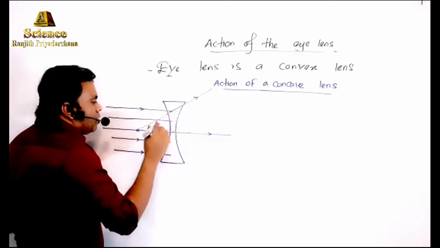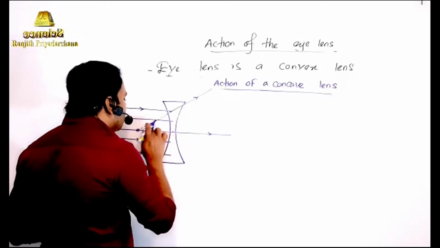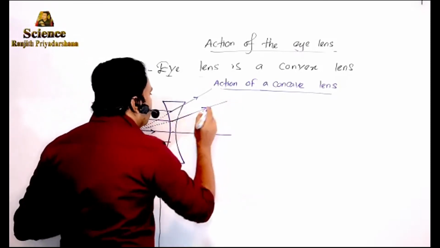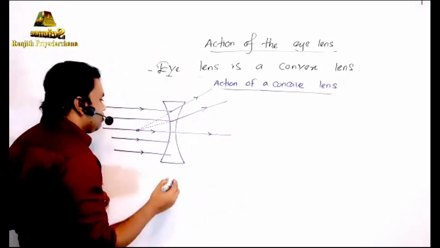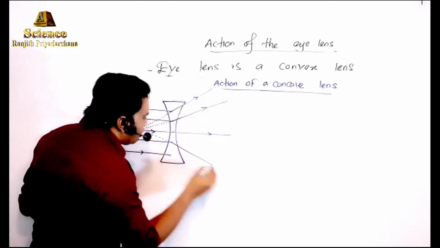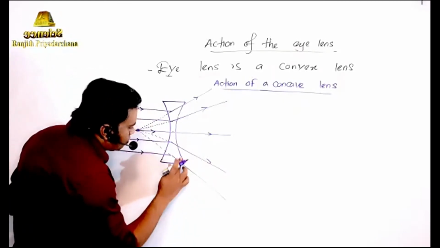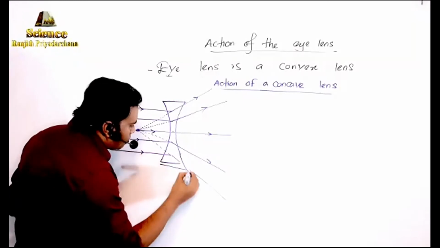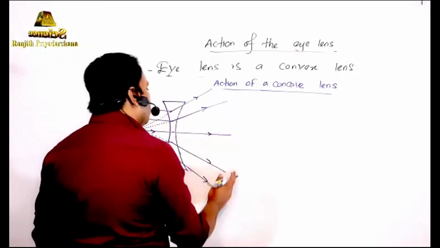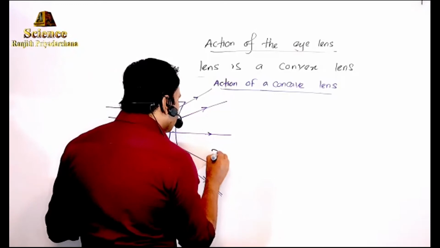Okay, so let's see another light ray. As it is coming from this fixed point, it also diverges. Yes, this one is also the same. Yes, it diverges. So these are known as a diverging beam.